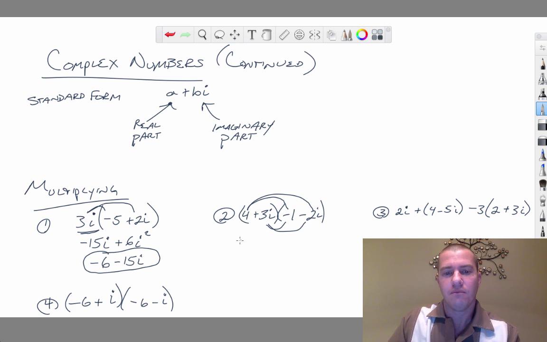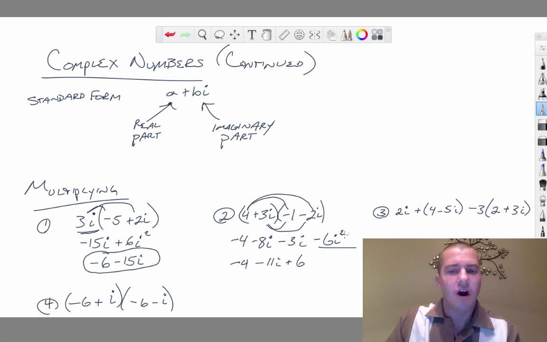Okay. But distribute the 4, I get negative 4 minus 8i, then distribute the 3i, negative 3i, and this becomes negative 6i squared. And now combine my like terms, I get negative 4, this becomes minus 11i, but this also becomes that negative 6 times negative i becomes positive 6.